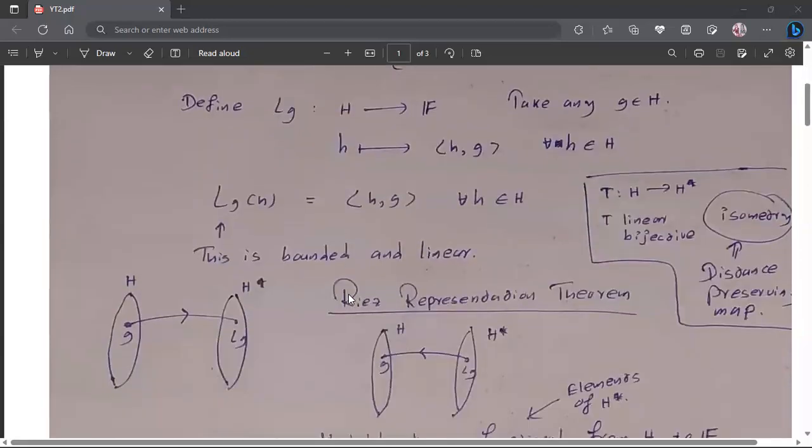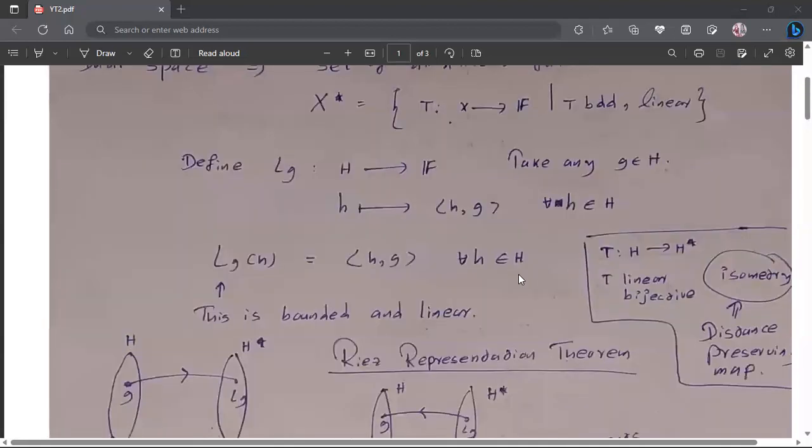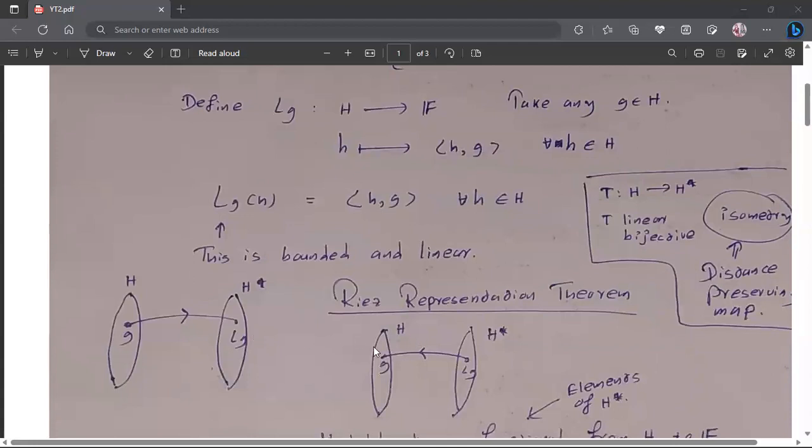In order to prove that, we need a theorem called the Riesz representation theorem. So what does that mean?